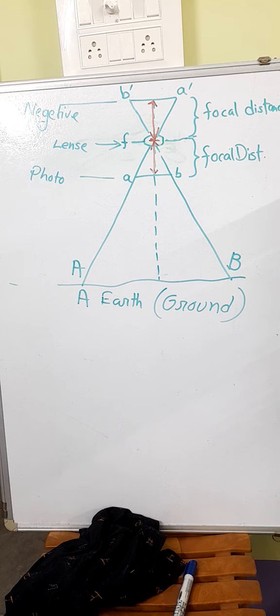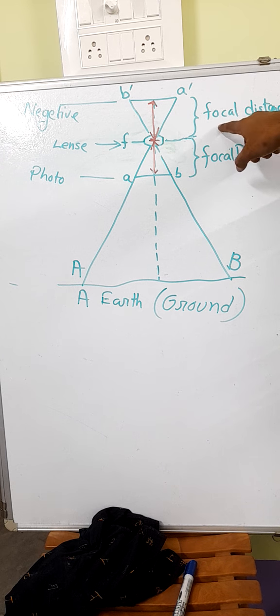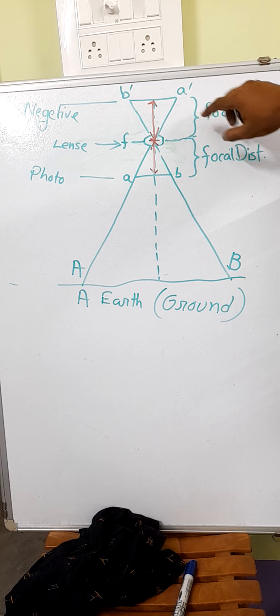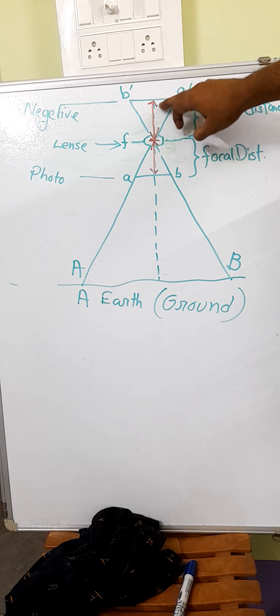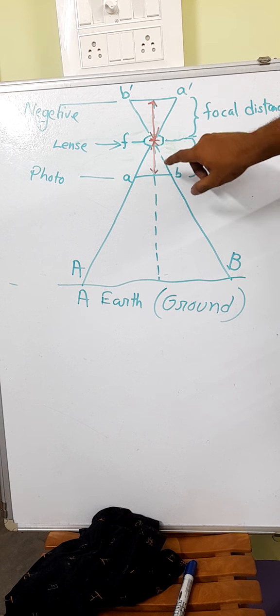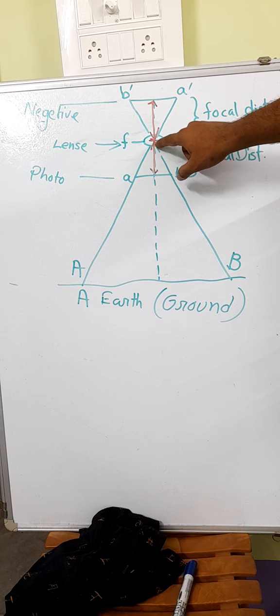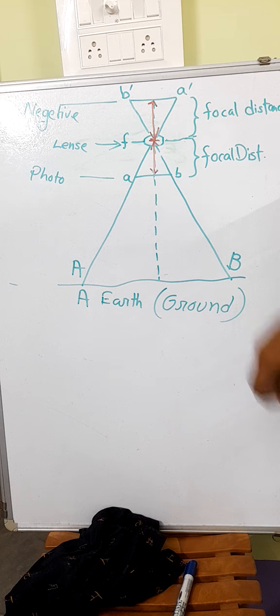These two distances are known as focal distance. What is that? Focal distance. That means the vertical distance from the negative to the focal point, or the vertical distance between the photograph and the focal point, is known as the focal distance.